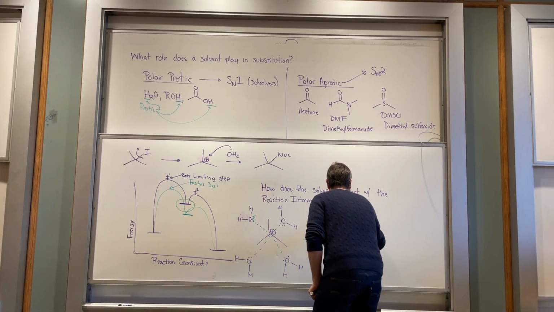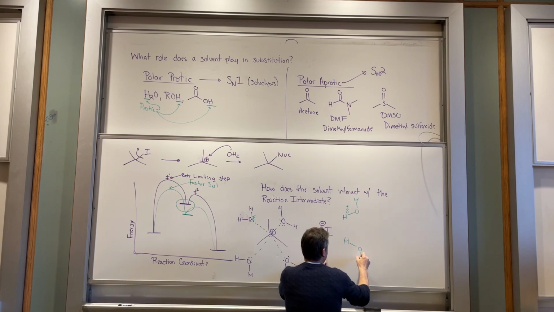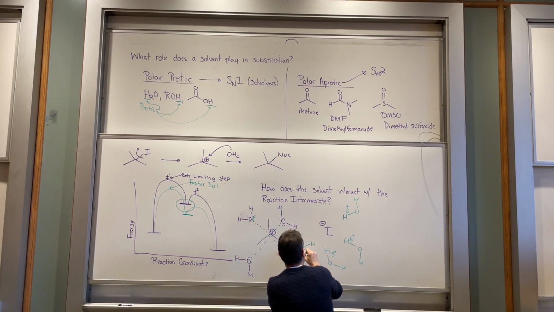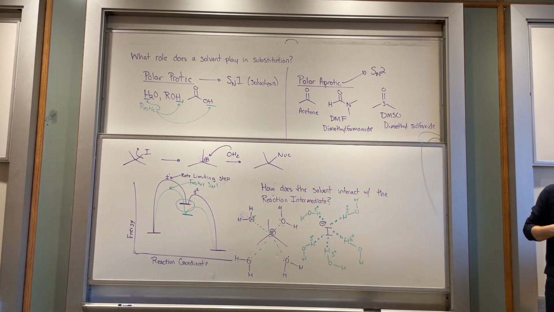We have these hydrogens from water that have a partial positive charge that can surround that leaving group, because the leaving groups in these reactions are often going to be anionic, lowering the energy of that anion and making it less likely that it's going to come back into the cationic center and react with the carbocation.